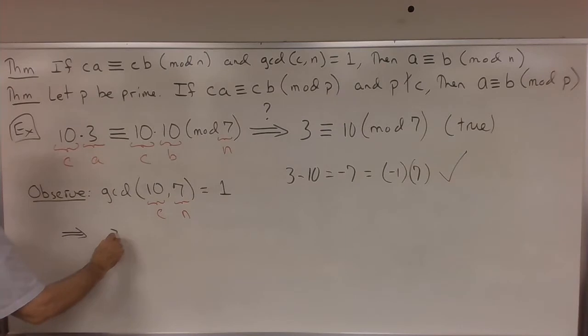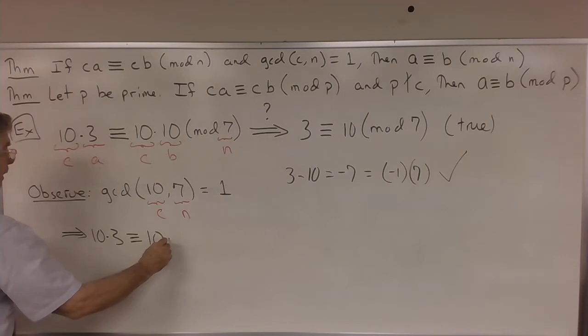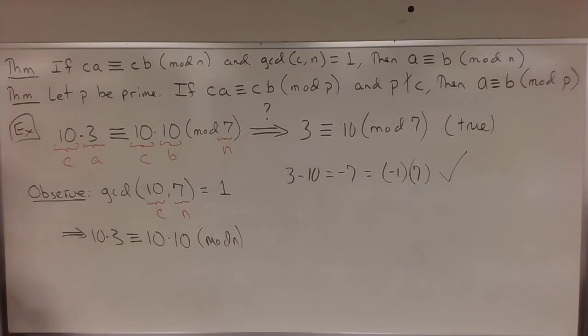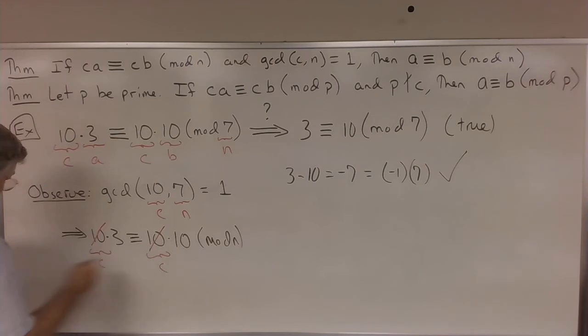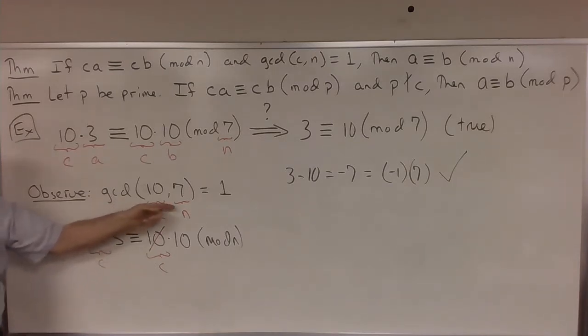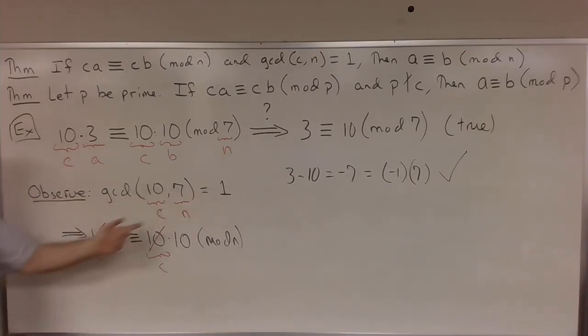So this does imply that, tell you what, let me write the 10 in anyway, just so with emphasis, I can show that I'm canceling the C on each side. And the reason I can cancel C on both sides is because the greatest common divisor of C and n is 1. C and n, 10 and 7, are relatively prime, so I can cancel 10 from both sides.